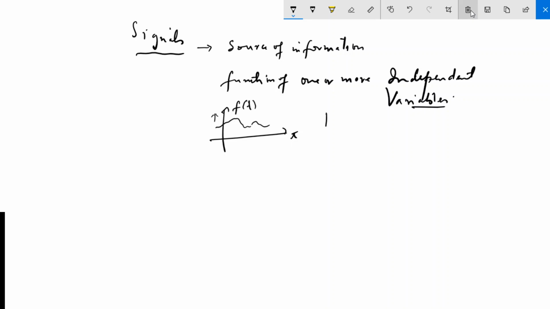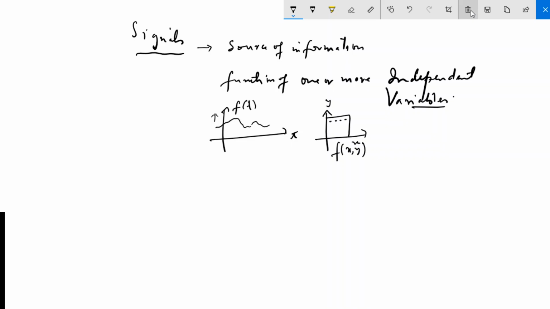But suppose you have an image signal, which is a two-dimensional signal. Here we have x and y coordinates, which are called spatial coordinates. So at any point, the pixel value or the intensity is a function of two variables x and y, that is the space coordinates. So this becomes a two-dimensional signal. In this case, the independent variable is generally not time, but the space coordinates.